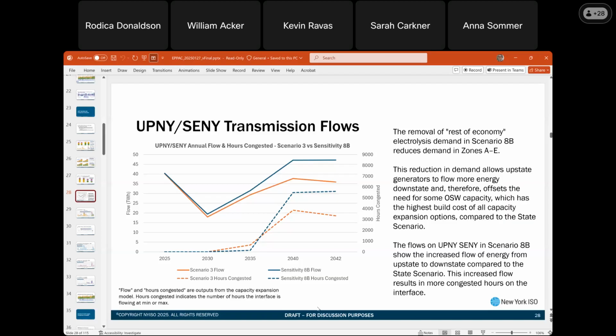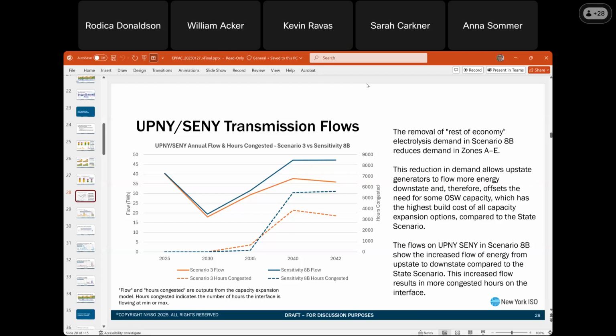And one other question. This chart is very insightful with congested hours on the interface, and I don't remember seeing this for the other sensitivities or even for the state scenario. Would you be showing this for the state scenario as well?